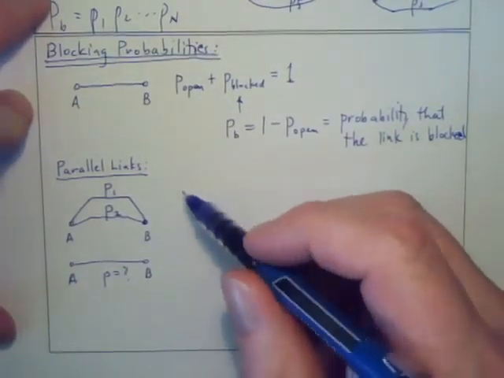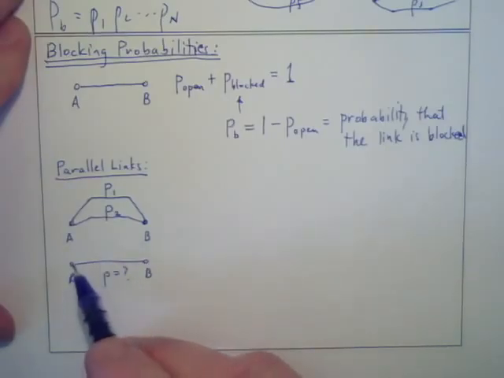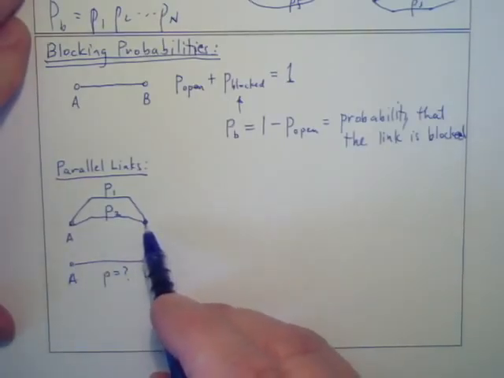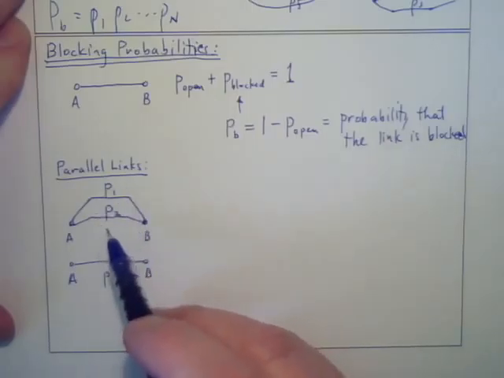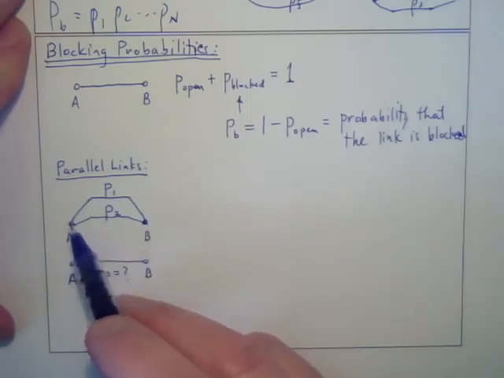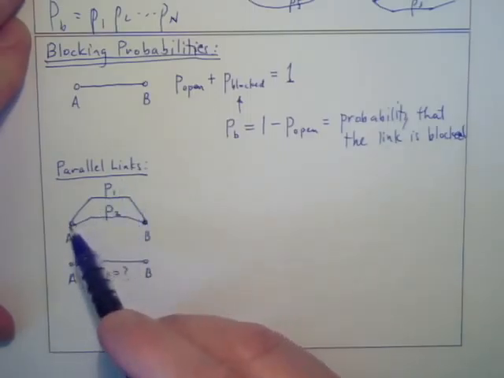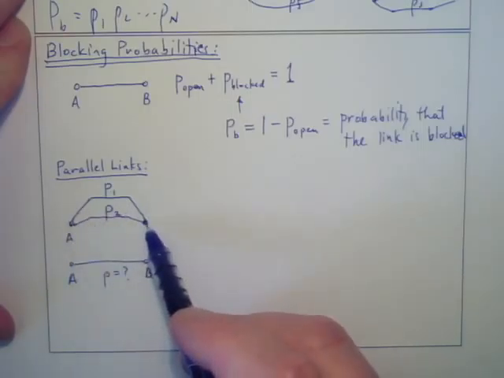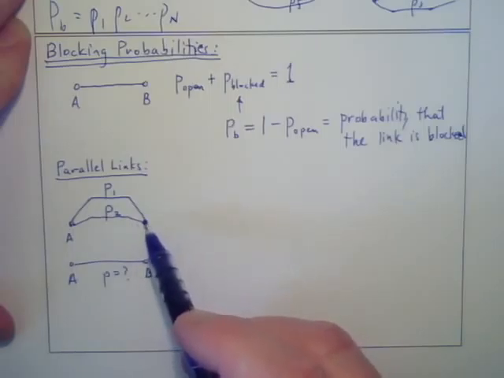Well, it turns out that in order for the link from A to B to be blocked, we have to have both paths blocked. Because if only one is blocked, we can take the other one, and so the link would be open. If both are unblocked, then clearly the path from A to B is unblocked. If either one is unblocked, then the path from A to B is open.